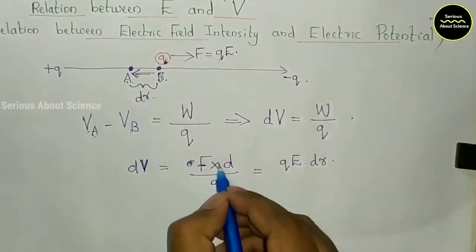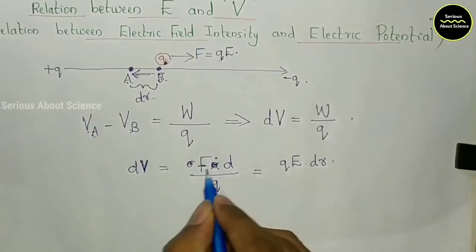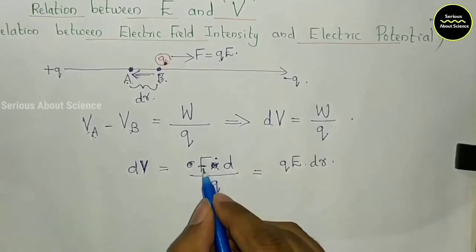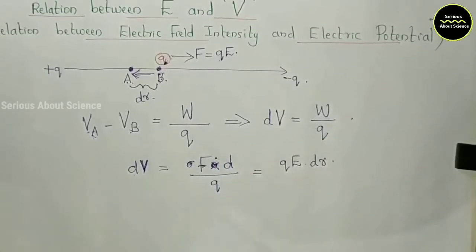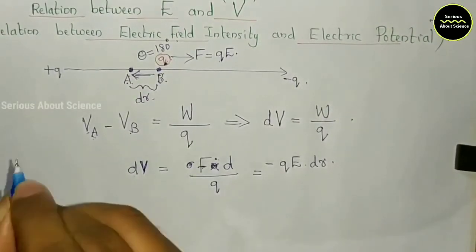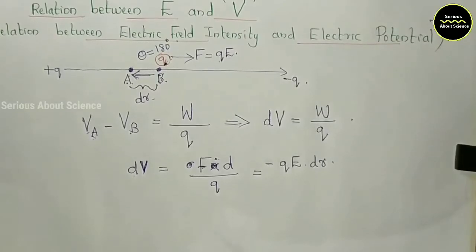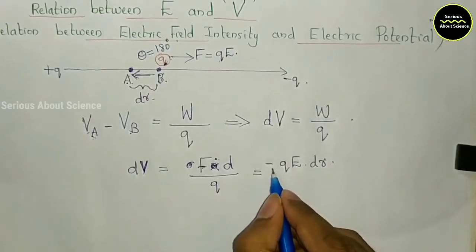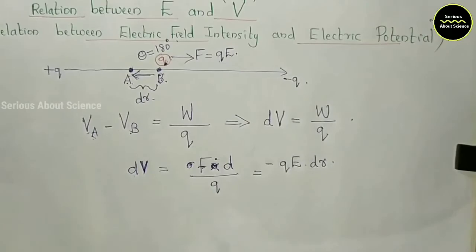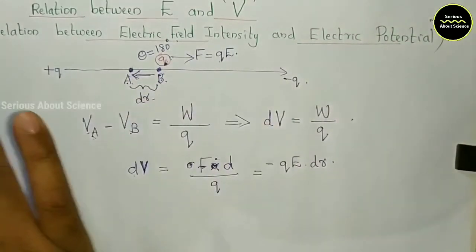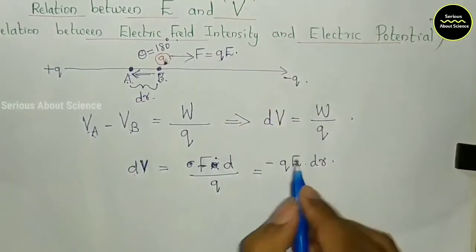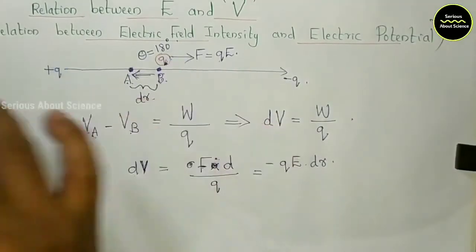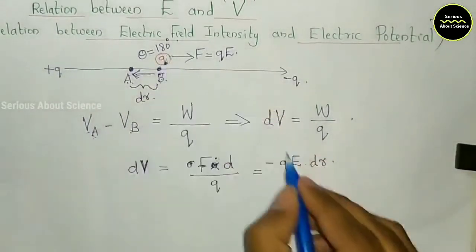So instead of F, we write QE dot the displacement from B to A, which is dr. So QE into dr by Q. But you see here, there should be a negative sign, correct? Because the force is from left to right, but the displacement should be from B to A. Thus the negative sign shows that the direction of intensity is opposite to the direction of the displacement. Intensity direction is from left to right, but the displacement dr direction is from right to left, from B to A.